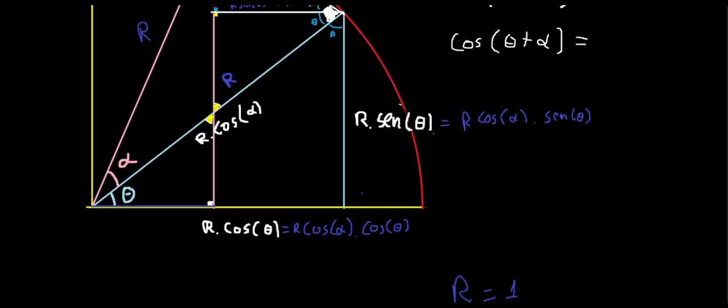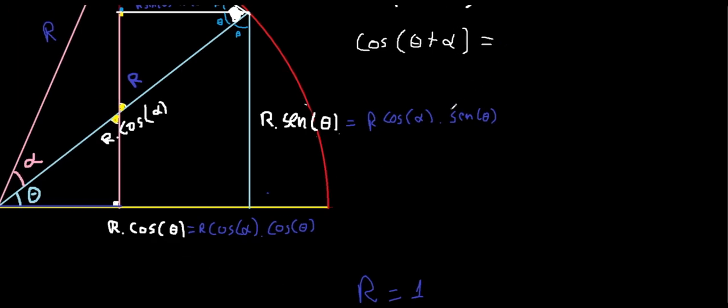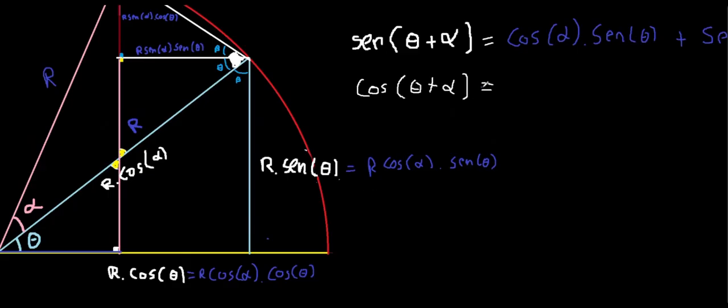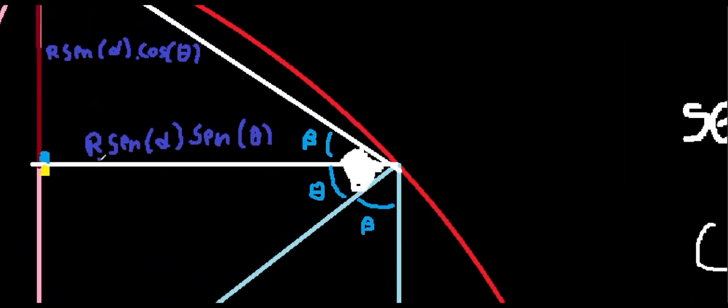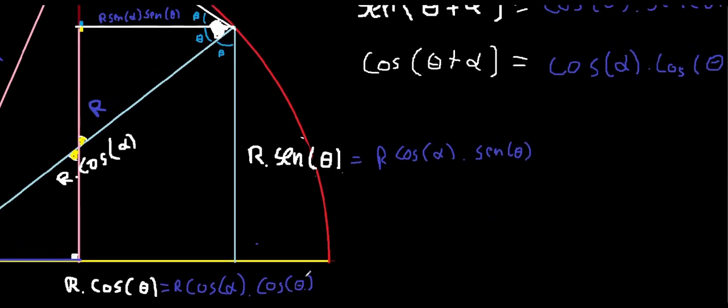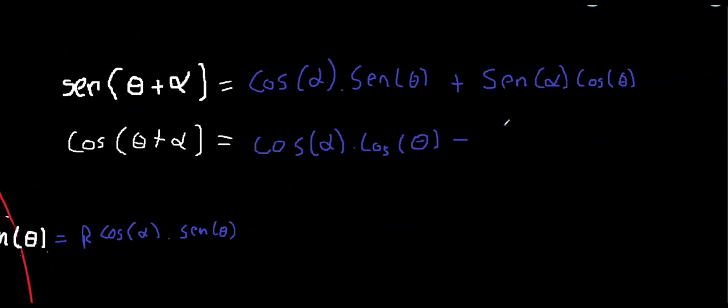In a certain sense, the radius is one, so cos of alpha multiplied by cos of theta, less sine of alpha multiplied by sine of theta.